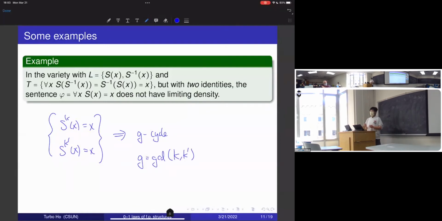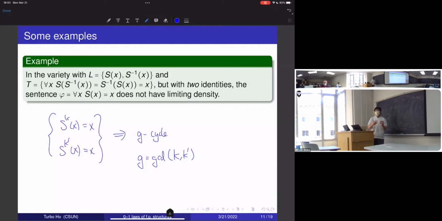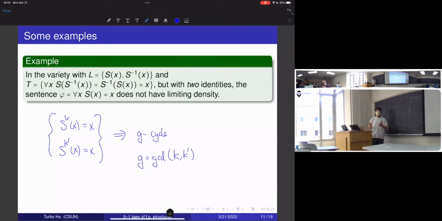But now the point is that if you ask, for instance, whether the quotient structure is trivial or not, namely whether s of x equals x or not, then you actually end up asking whether k and k prime are coprime or not. And that probability is actually strictly between 0 and 1, and it's a funny number.